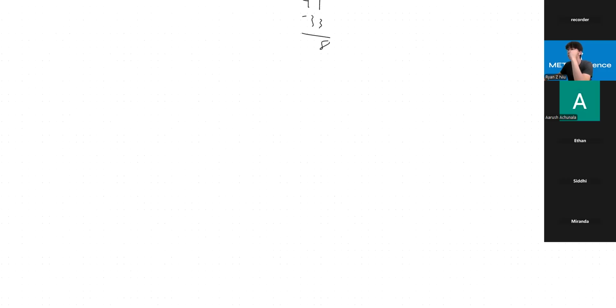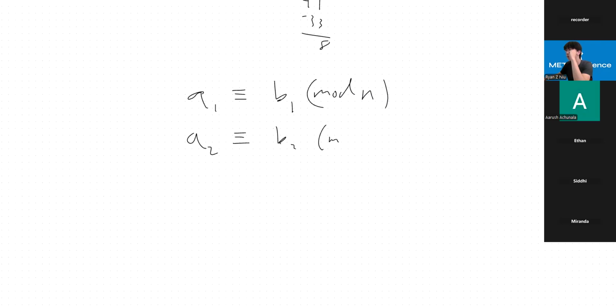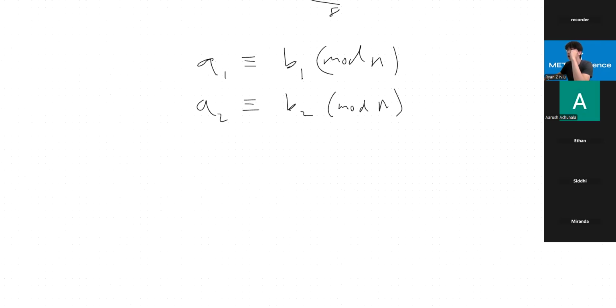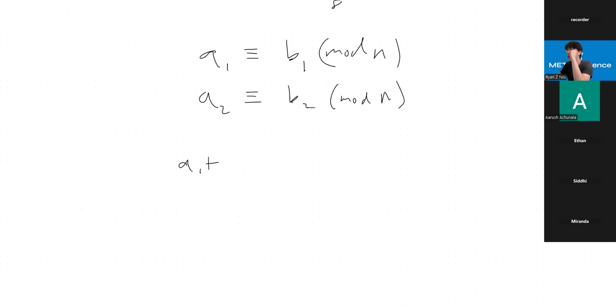What I mean is, if we have A1 is B1 mod n, and A2 is B2 mod n, then A1 plus A2 is equal to B1 plus B2 mod n.